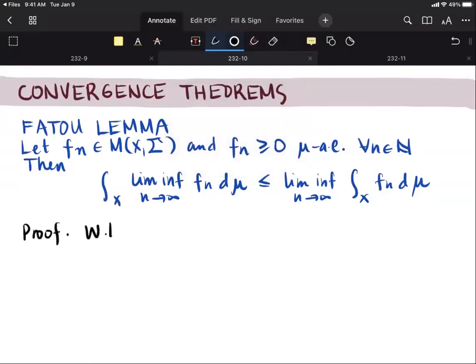Okay, according to the previous discussion, since the Lebesgue integral is not affected if we change the function on a set of measure 0, by redefining the sequence of functions to be 0 where it is negative, we can assume without loss of generality that the sequence is non-negative for all n.